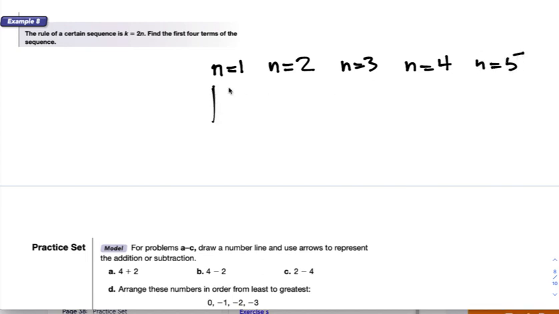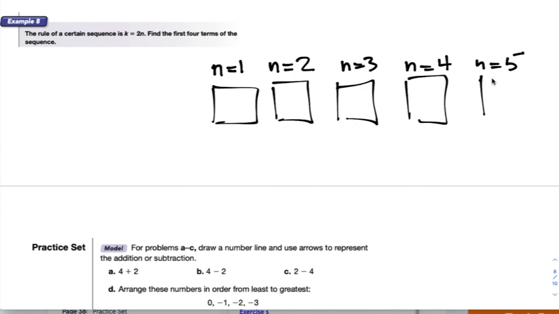So what are these numbers in the sequence that are being defined as 2 times n? And so I'm going to fill in these boxes. They only ask us for the first 4 terms, but we're going to do all 5 of these. So if k, the number inside the box, is going to be 2 times n, 2 times the number of the sequence, the first number is going to be 2 because k equals 2 times 1 here.